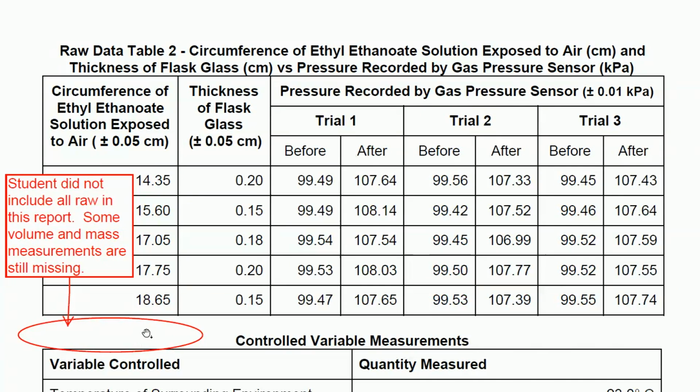So because of this, that risks or makes the student more susceptible to getting a 4 or 5 for this component, because even though the data has been recorded correctly, technically the student hasn't recorded all of the raw data that was completed during the lab review. Therefore, as a reminder, always remember to include your uncertainties, consistency, but also to include all of the relevant raw data to maximize your chance of getting a 6 for this component.